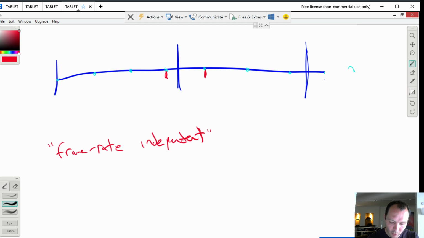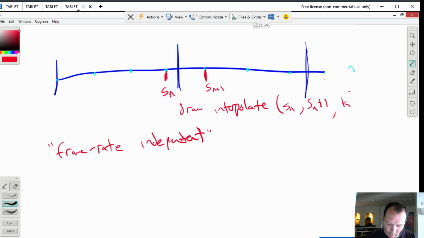And then the frame that you draw is, you've simulated this last frame, you've simulated this frame, and then the frame that you draw is, let's call this state n and state n plus 1, interpolate between them by k, right?